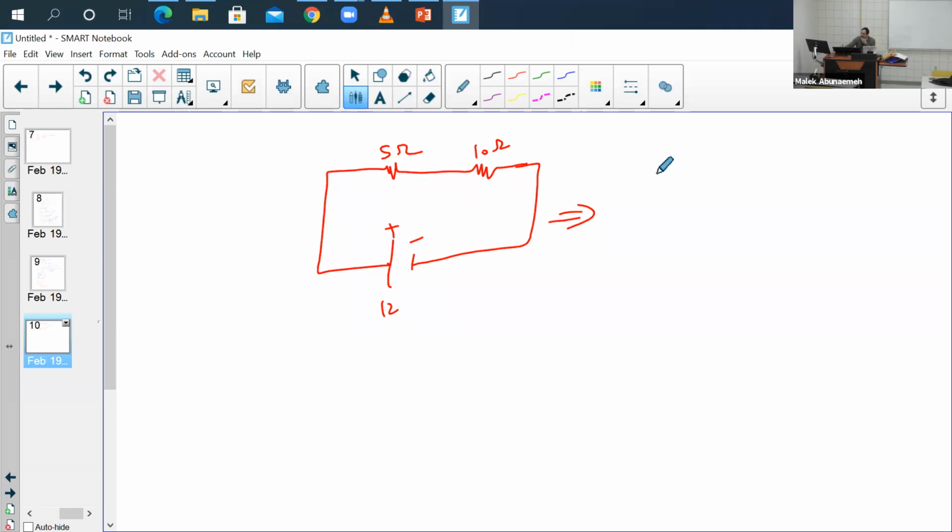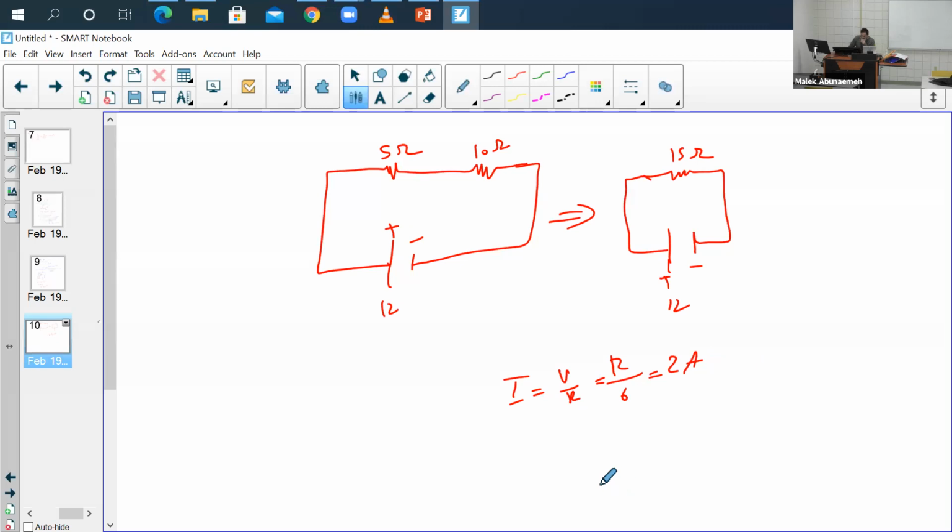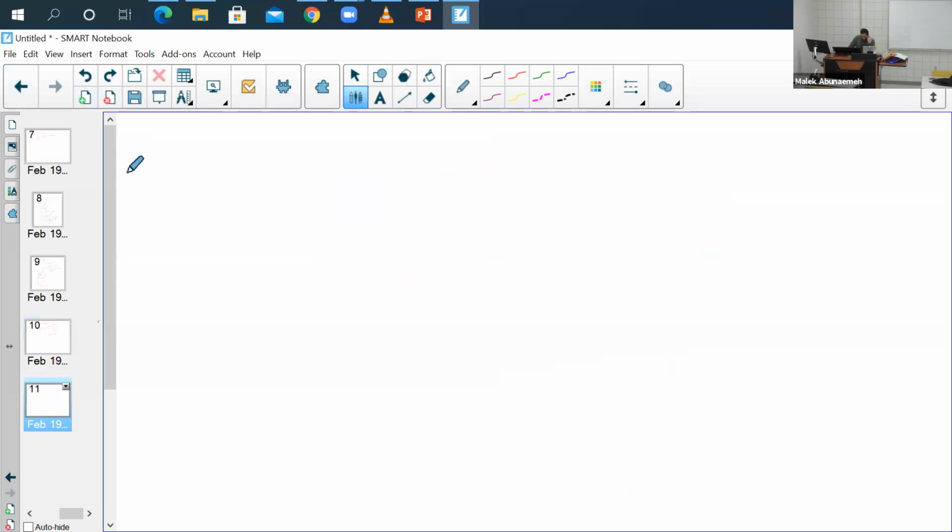These are in series, there's no nodes between them, so the circuit would look like this. This one would be 15 ohms, with 12 volts. Now your current is going to be V over R, 12 divided by 6, and you should get 2 amps. All right, let's do another example.